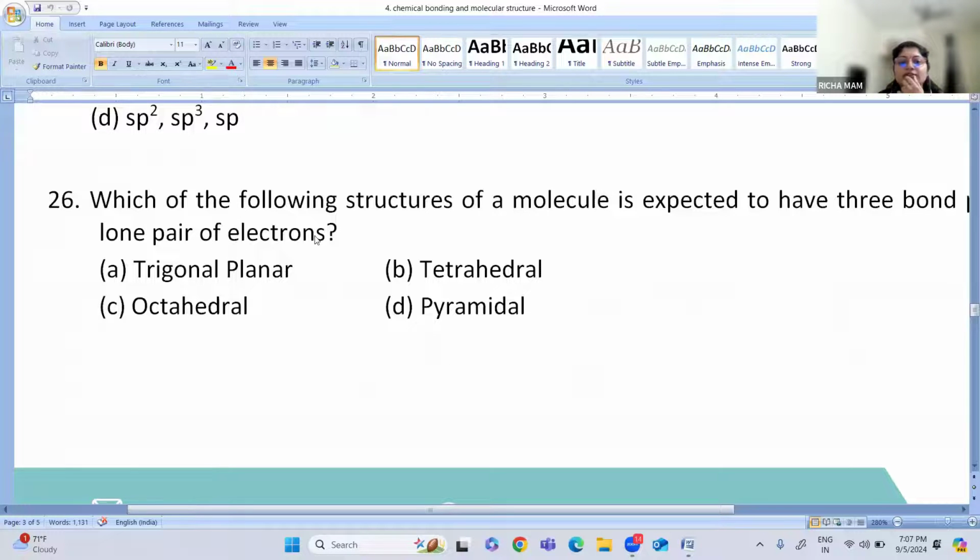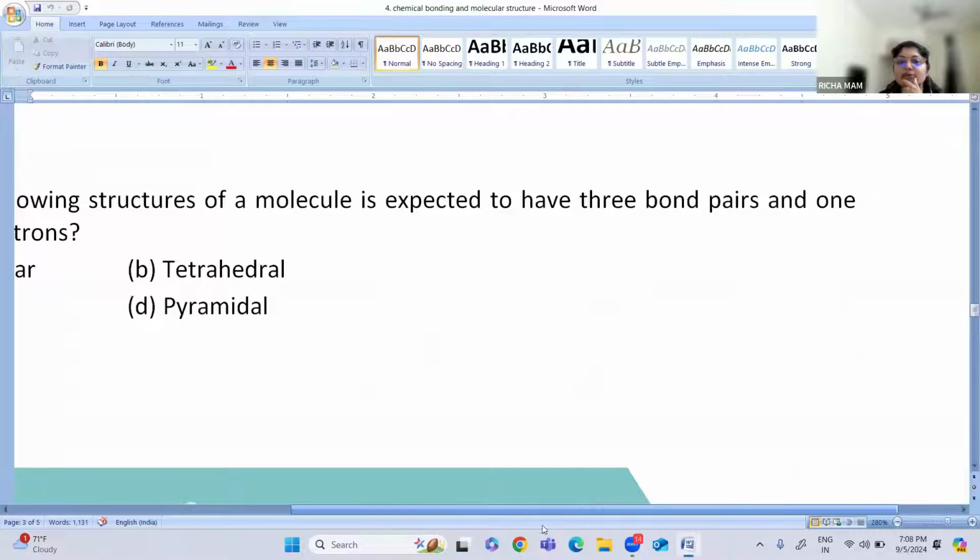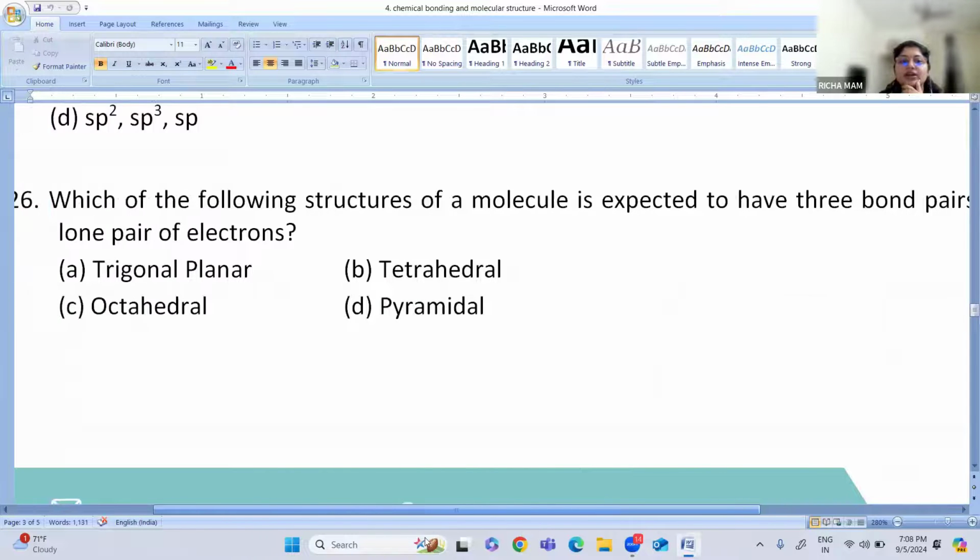Which of the following structures of a molecule is expected to have 3 bond pairs and 1 lone pair of electrons?